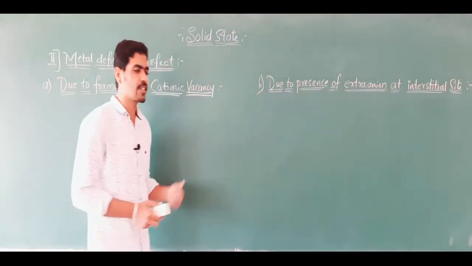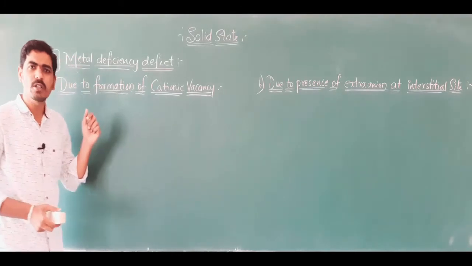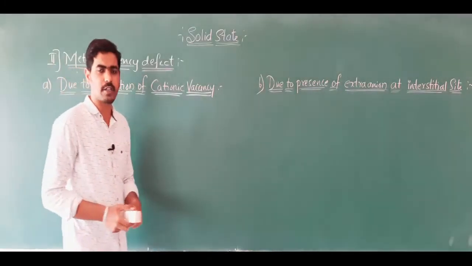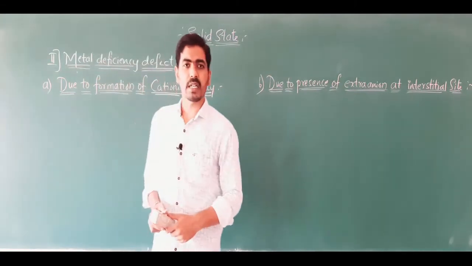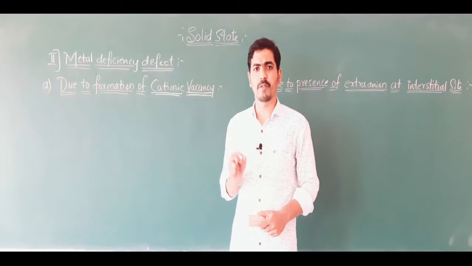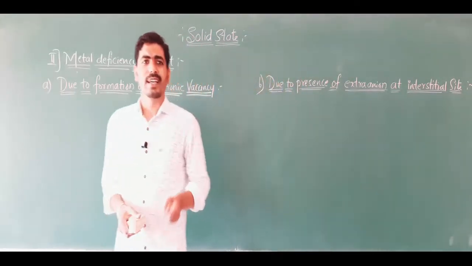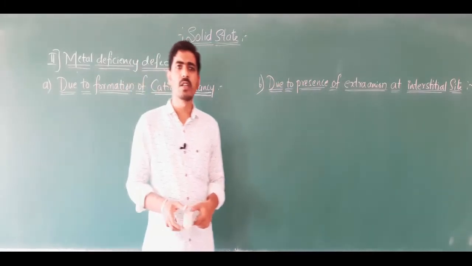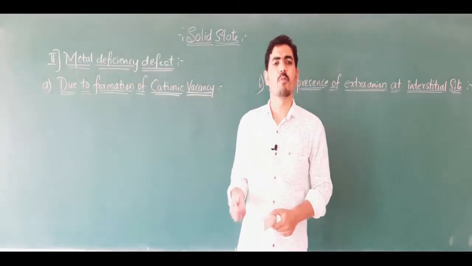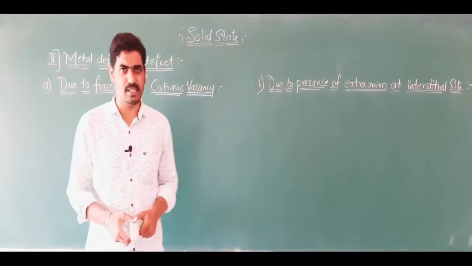Now in today's lecture I am going to discuss the second type of non-stoichiometric defect, that is metal deficiency defect. So what does metal deficiency defect mean? It is caused when there is a lesser amount of cations in the crystal lattice and more anions are present in the crystal lattice.